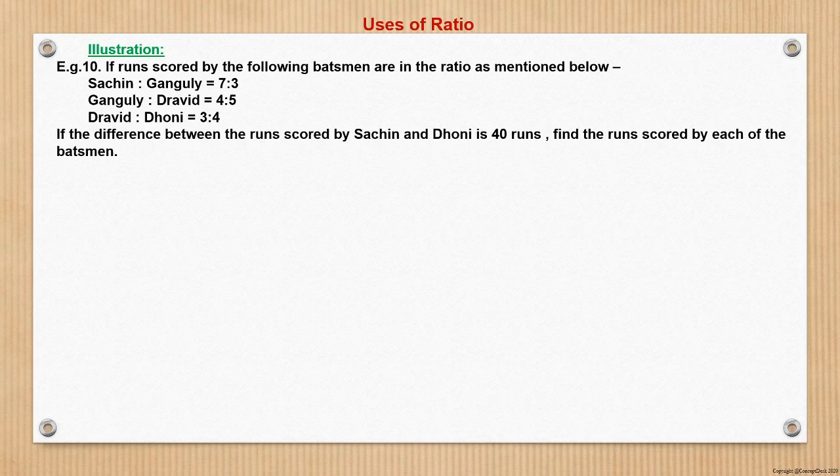Now let us solve this question. It says that if runs scored by the following batsmen are in the ratio as mentioned below. Here Sachin is to Ganguly. Let me represent by the first initials only.